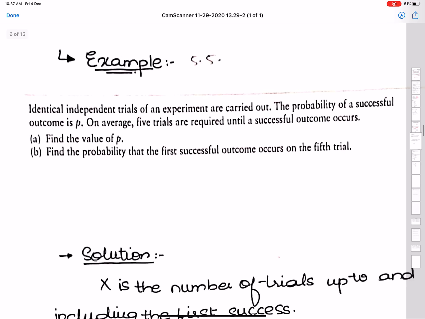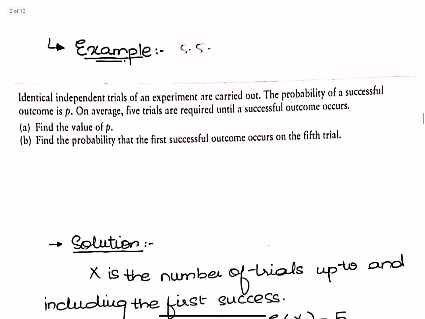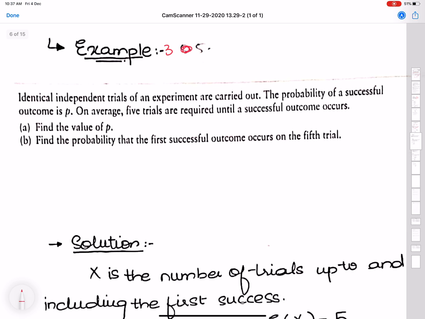Example number 3. Identical independent trials of an experiment are carried out. The probability of a successful outcome is p. On average means mean. 5 trials are needed.